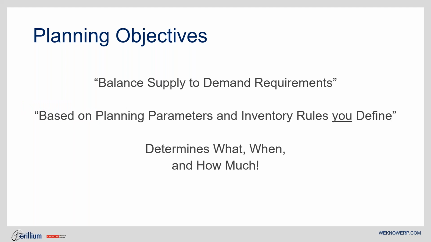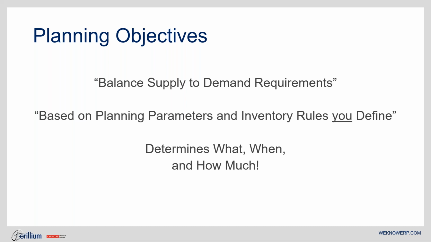So from a planning perspective, this is really what the objectives are and what you're trying to accomplish in planning, right? I want to be able to balance my supply and demand requirements. So taking in what my supplies are and my demands and saying, this is the net of what you should build. Now, all of that is going to be based on your planning parameters and your inventory.